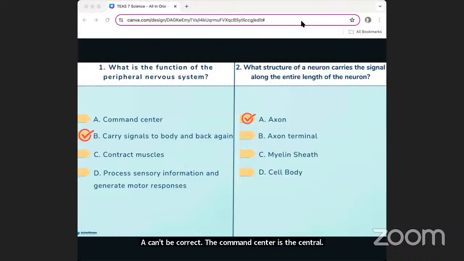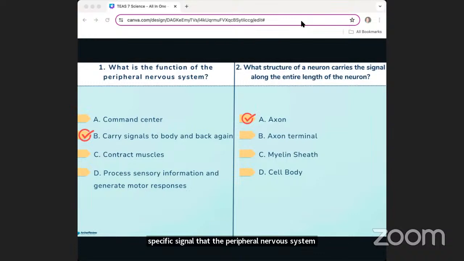Option C, contracts muscles. This could be a very specific function of the peripheral nervous system. However, it is not the overall function. It could just be one specific signal that the peripheral nervous system sends and receives, but it sends and receives so many other signals.